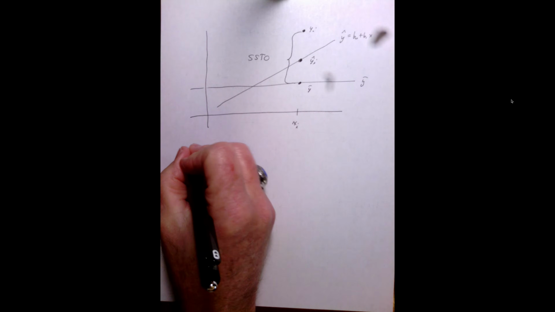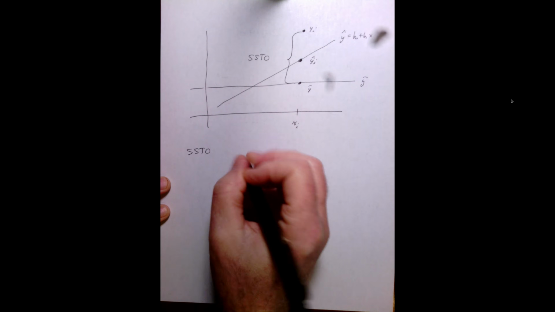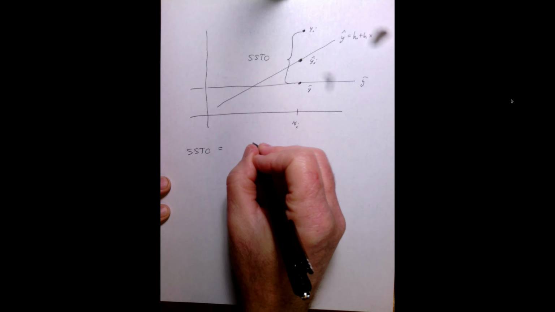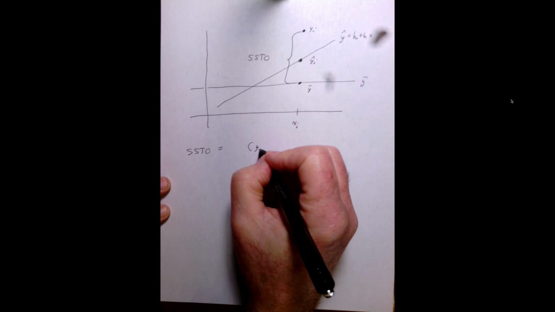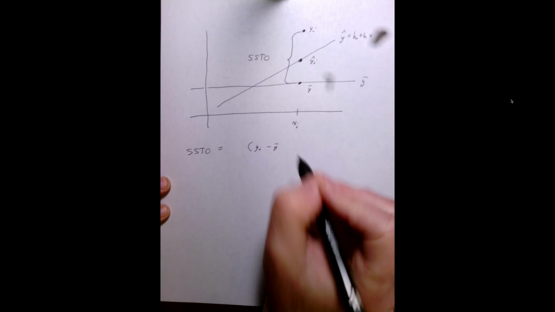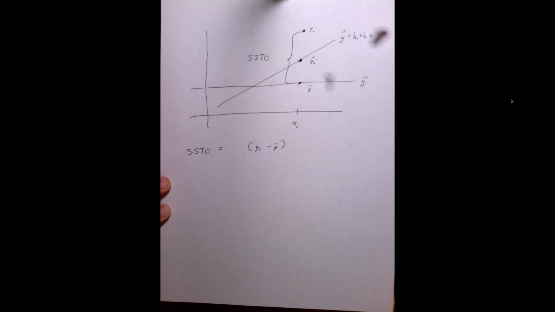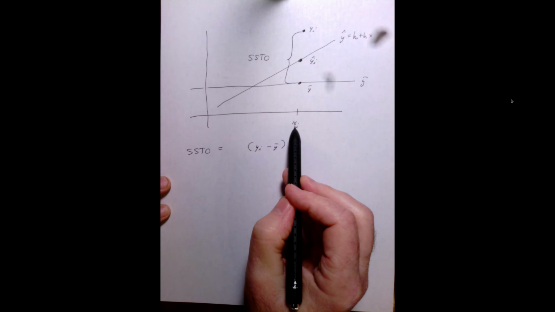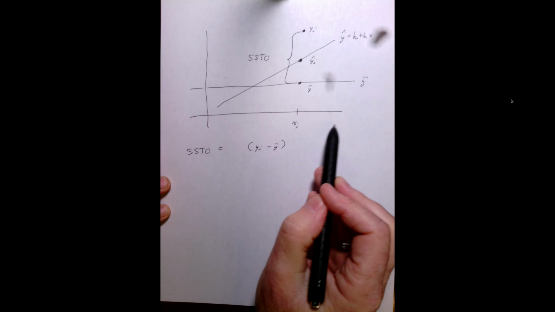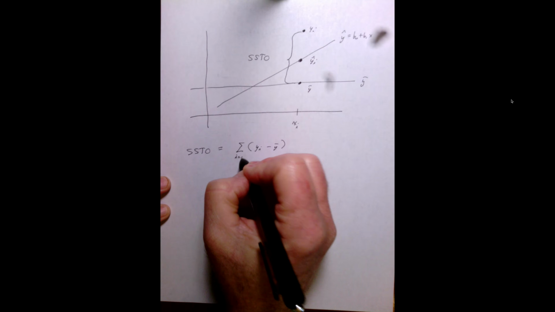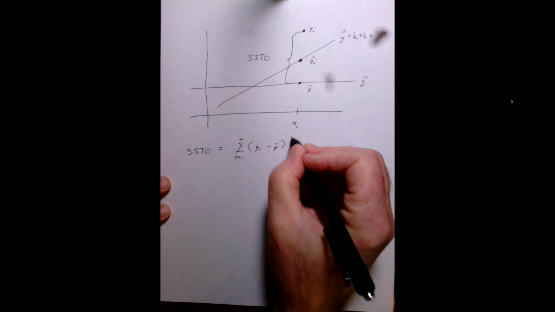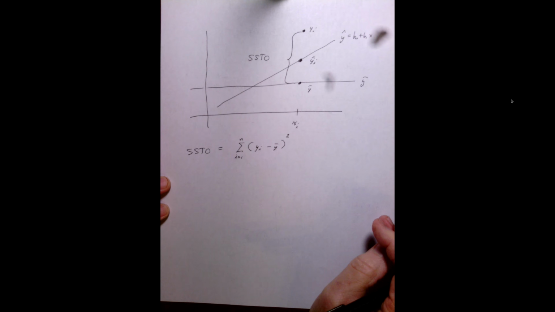So the sum of squares total is going to be the y sub i, so the difference between the observed value and the mean. But we're going to have multiple values of our independent variable. So we're going to want to sum across all of our x sub i's. And of course, we want to square this.